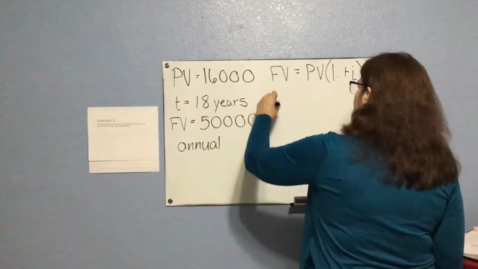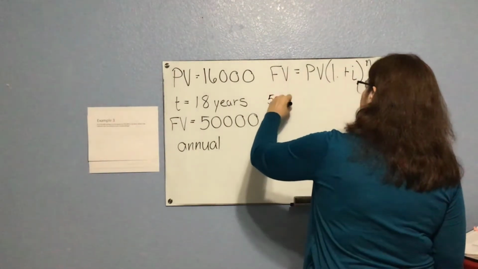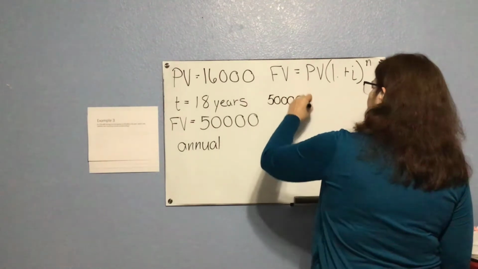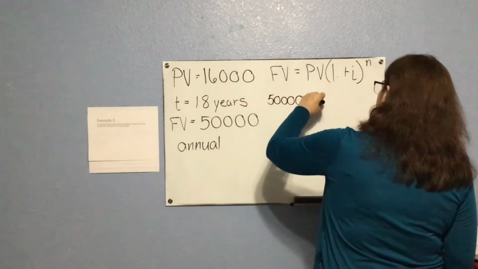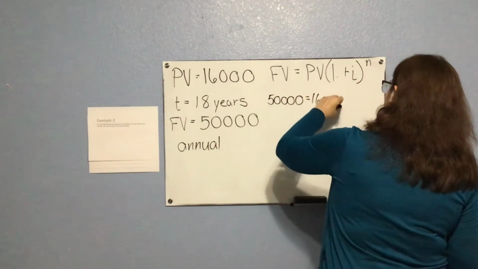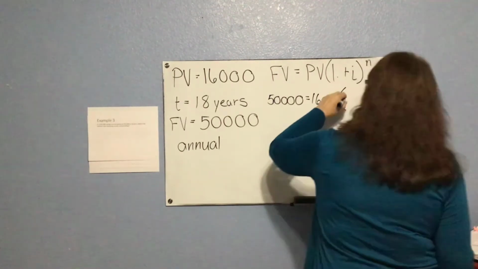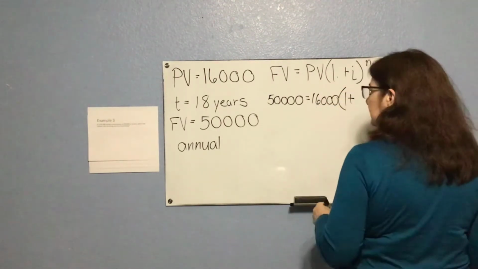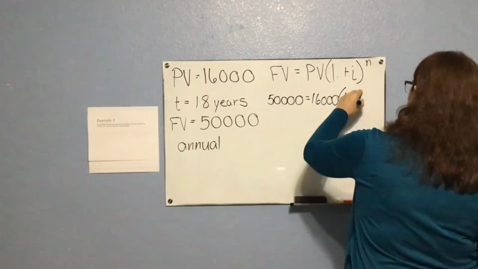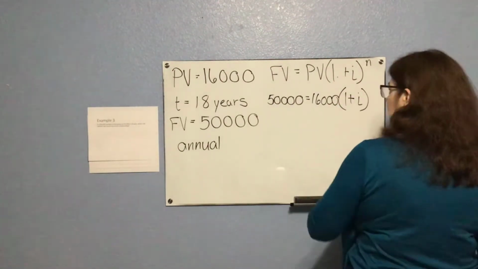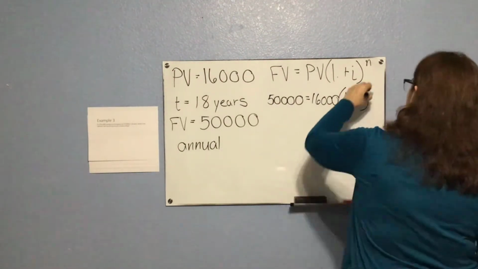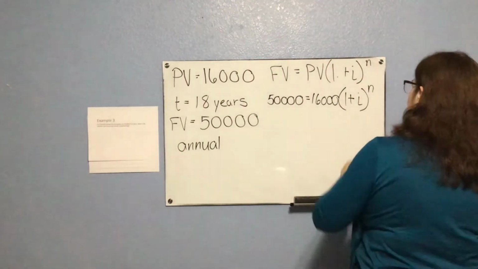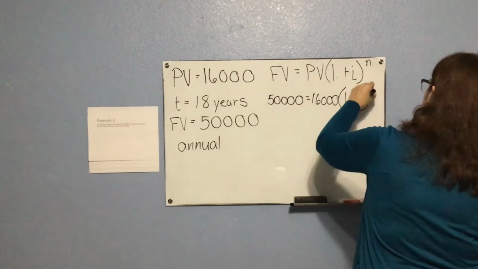And we'll substitute in 50,000 is equal to 16,000 times 1 plus, I don't know, and it's going to be compounded n times, which is 18.